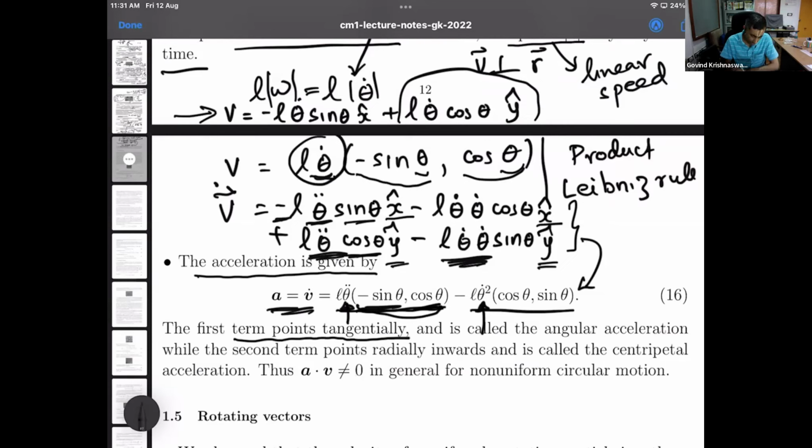The first term points tangentially to the circle and is called the angular acceleration, because it points in the tangential direction. The second term points in a different direction because it is cosine theta, sine theta, so that is proportional to the radius vector itself, the position vector itself.